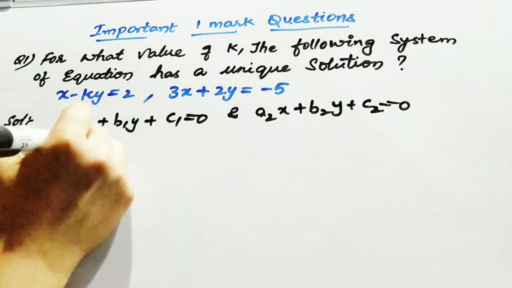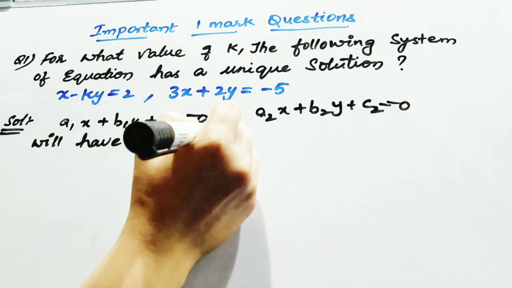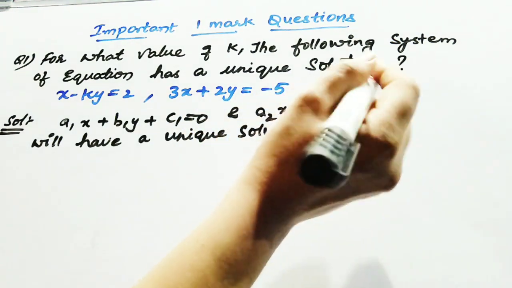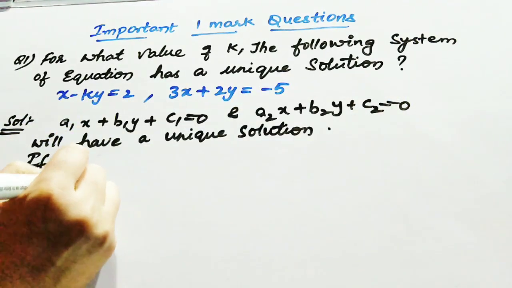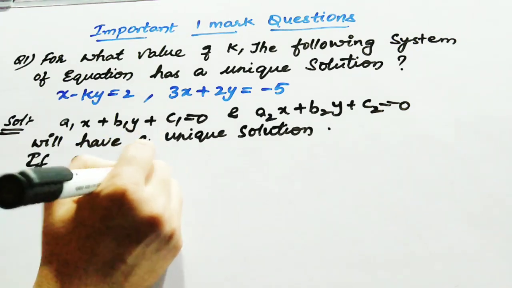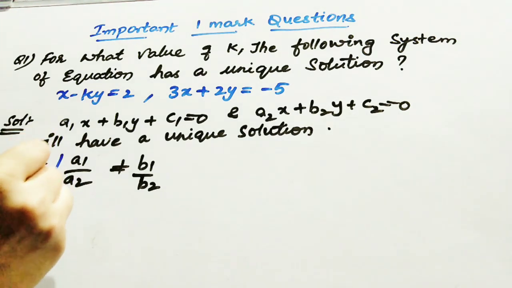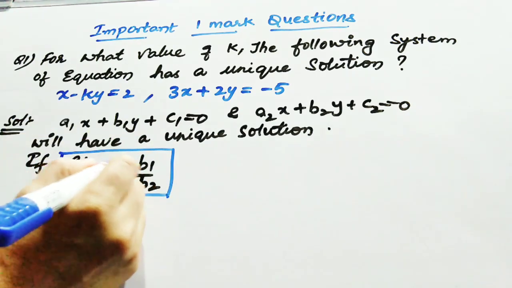This system of equations will have a unique solution if a1 upon a2 is not equal to b1 upon b2. When an equation becomes unique, it satisfies this condition: a1 upon a2 is not equal to b1 upon b2.